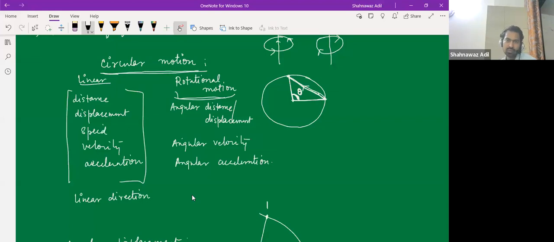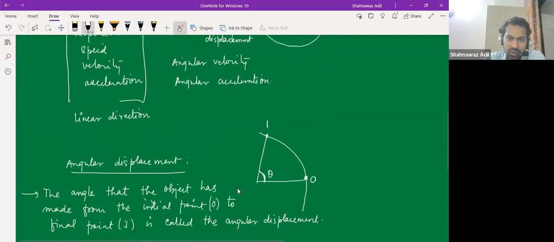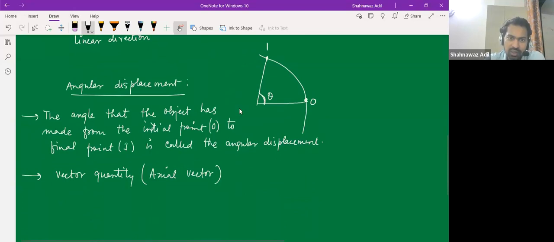We will talk about the direction of this angular displacement and the angular velocity in the next class. Tomorrow we will finish this chapter.